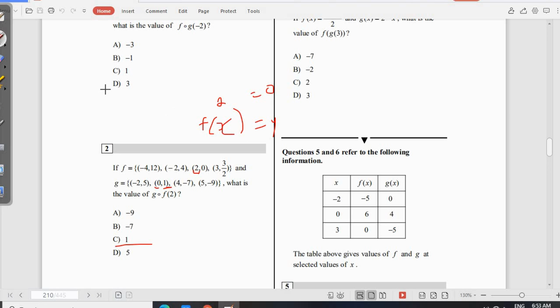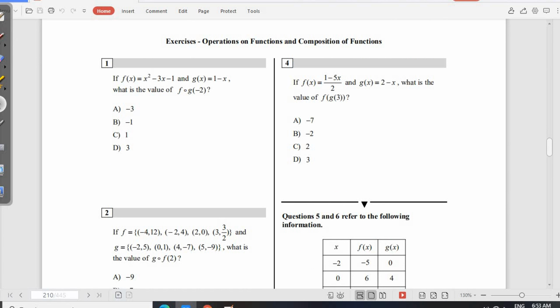Alright. Now let's use the same idea and try solving the first one that we just did. If you have g of minus 2, put in 1 minus minus 2. What would you get? You get 1 plus 2, that's 3. Then drop it into this.